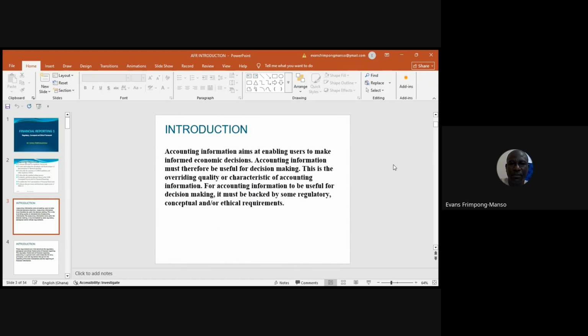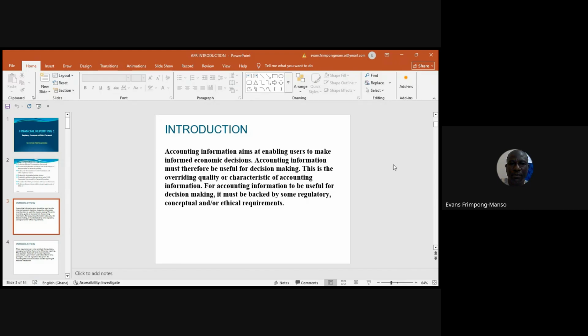Those people will have to use the financial statements to help them make informed economic decisions. So the overriding objective of preparing the financial statements is to enable the users to make useful economic decisions.